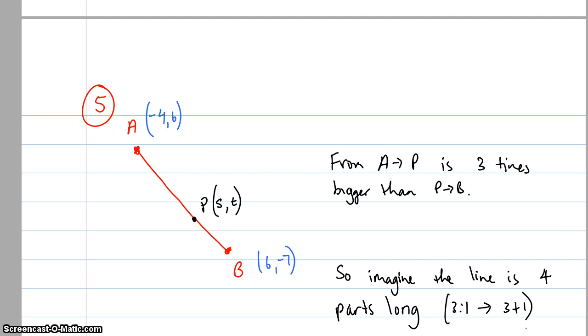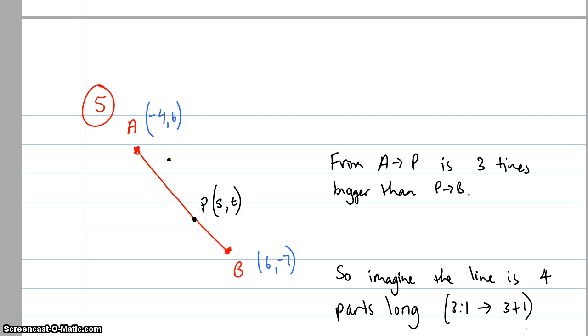But we know that from A to B, A is this point, B is this point, and we've got this line here. And what the question says is that P is an element of AB, so P exists on this line AB.